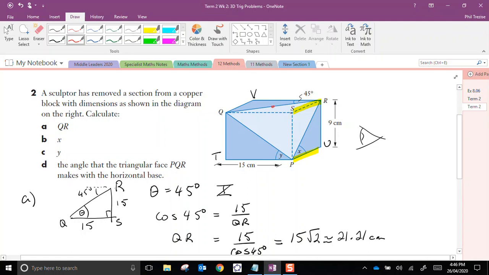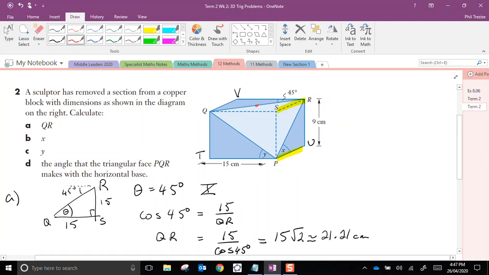Now because this is a square looking down from above, that gives us a little bit of advantage, and a dotted line running down the surface of this face here to point P, that would be a right angle to QR because we've cut this QR line in half.